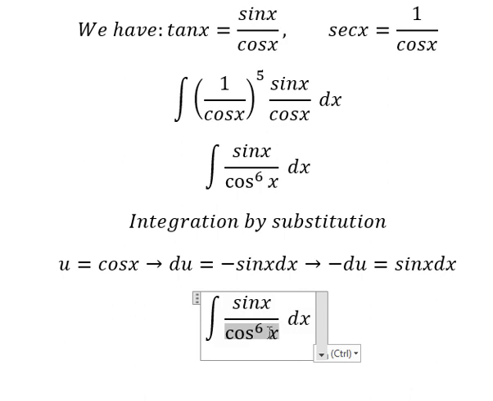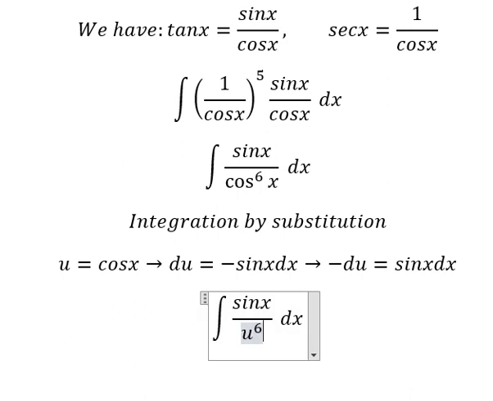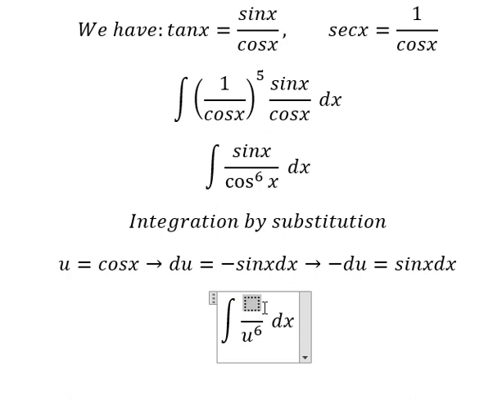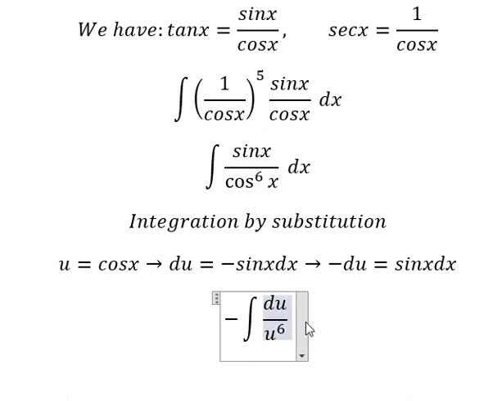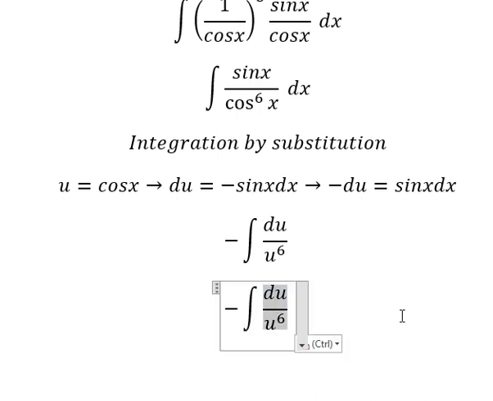This one we change for u. Sine x dx we change for negative du. So this one we can put like this.